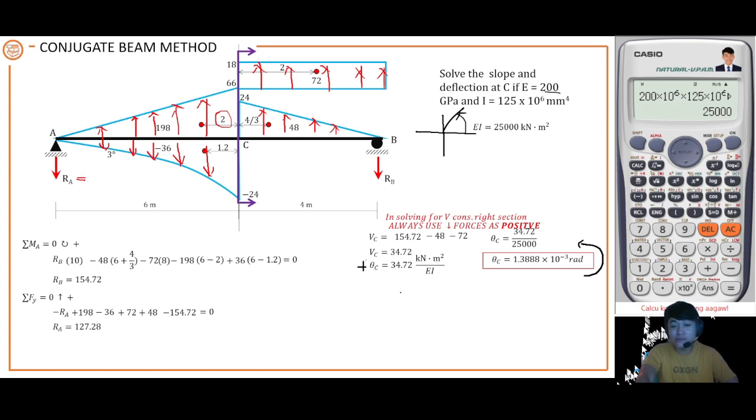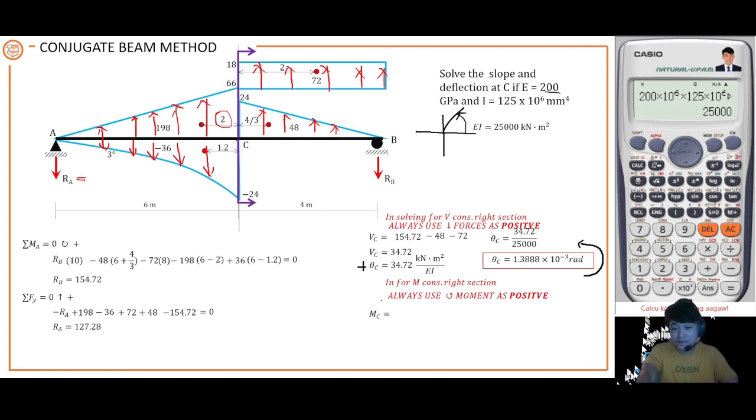Now, what is the value of moment at this point C? Considering the right section, take note for sign convention, counterclockwise moment is positive if you are going to consider right to left solving moment, or drawing moment.